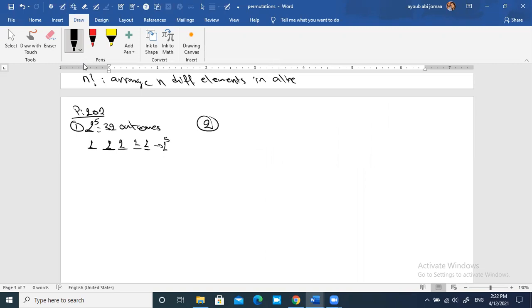Part 2. In how many ways can 5 copies of different objects be placed in 8 distinct boxes so that 1 copy is placed in each box? You have boxes 1 2 3 4 5 6 7 8, and you have 5 books.